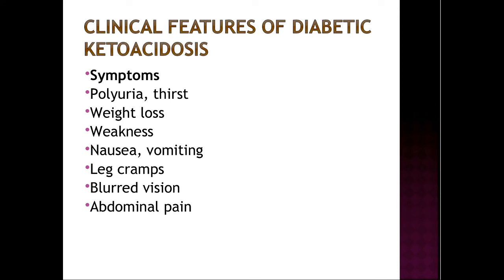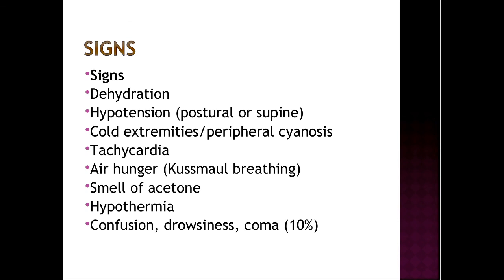Clinical manifestations of diabetic ketoacidosis: polyuria and thirst, loss of weight, strong weakness, nausea and vomiting, which also lead to hypohydration, leg cramps due to the loss of electrolytes, blurred vision, and abdominal pain.